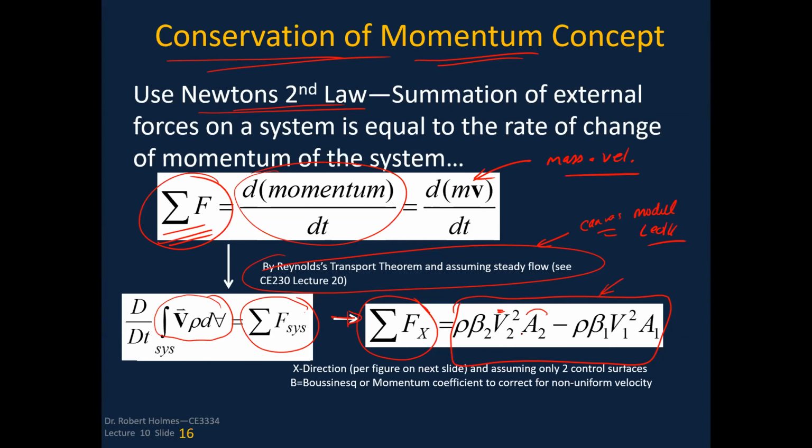And then we have the area concept here, the area. This is all derived. You can see this in lecture 20. We've got the downstream values designated by 2 and the upstream by 1. So we're looking at the sum of the external forces in the x direction is equal to this difference in the momentum flux between upstream and downstream.